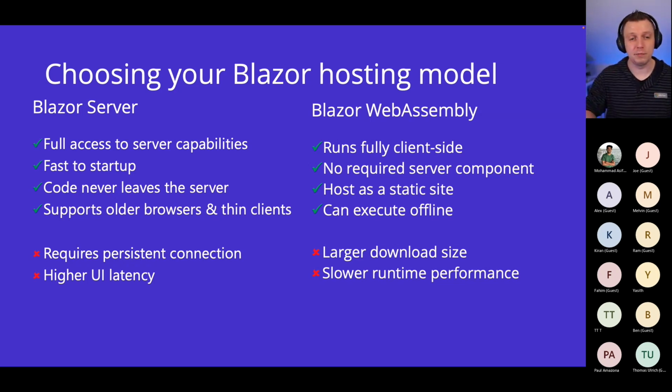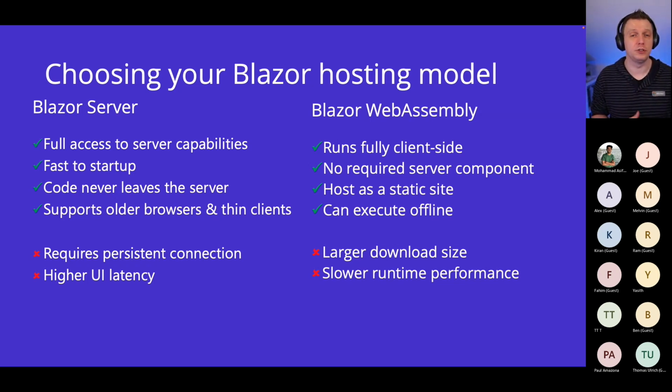For Blazor WebAssembly, I already mentioned a larger download size initially, and maybe a little bit slower runtime performance depending on the machine that you're running on, because the machine suddenly has to do all the things, and if you're running on a not so powerful client, then it can be a little bit slower. But with Blazor WebAssembly, you can create truly offline applications or PWAs if that's what you want.